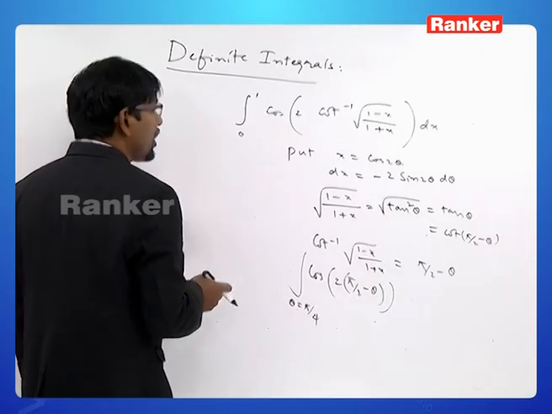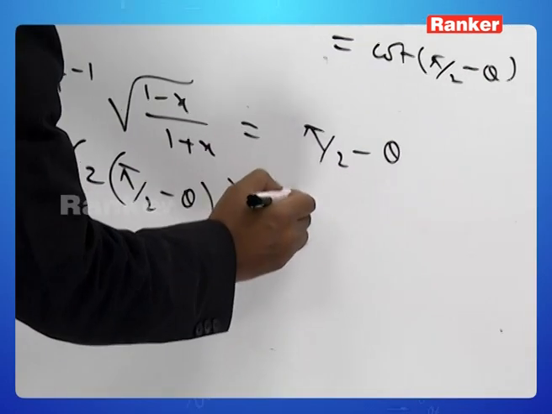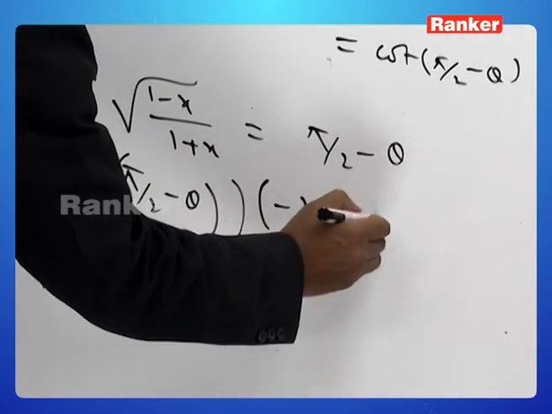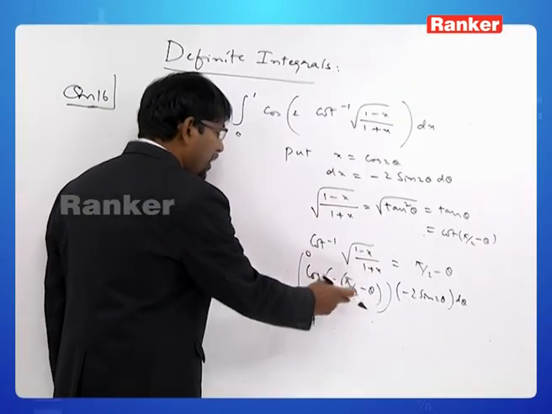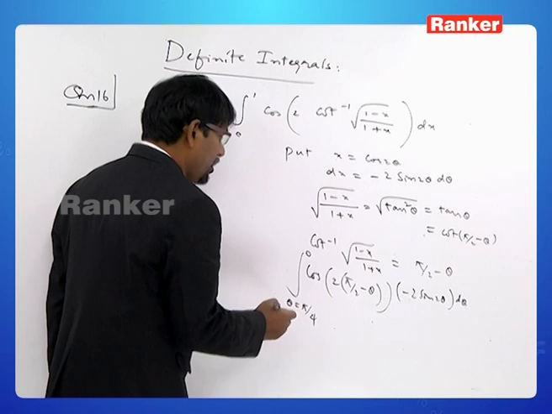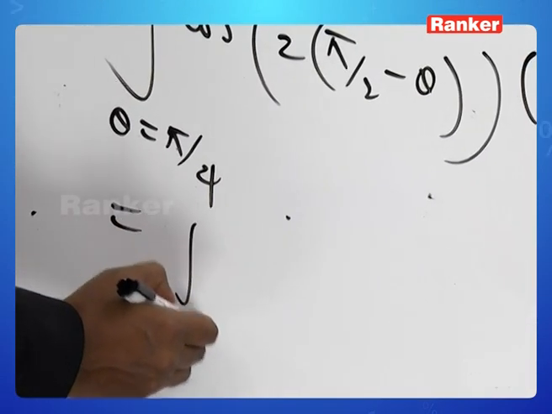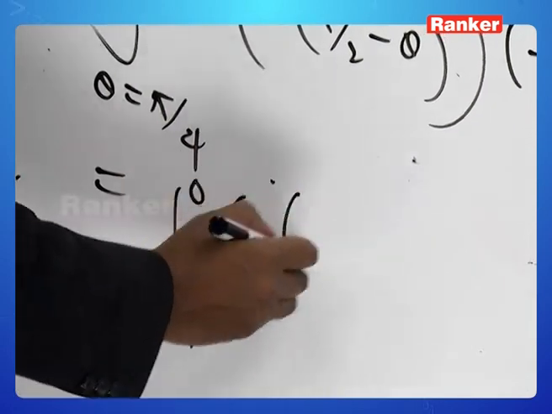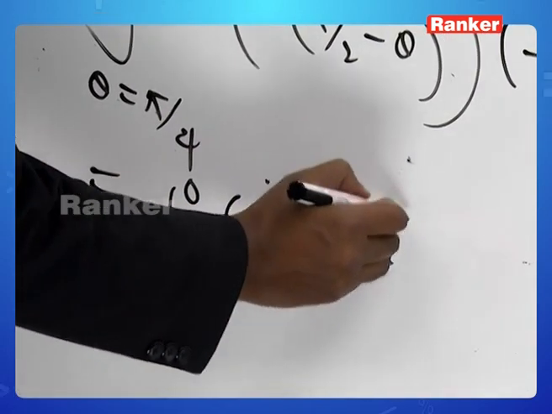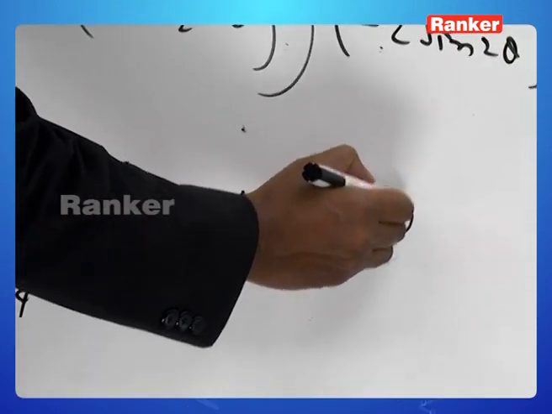When cos 2 theta is equal to 1, 2 theta is 0, and we have here minus 2 sin 2 theta d theta. We know that this becomes cos of pi minus 2 theta. So that makes it theta ranging from pi by 4 to 0, cos of pi minus 2 theta into minus sin 2 theta d theta.